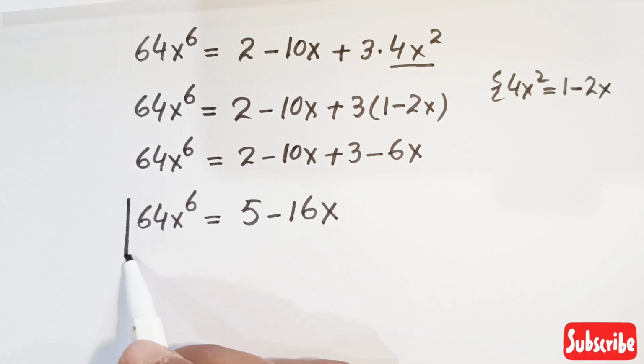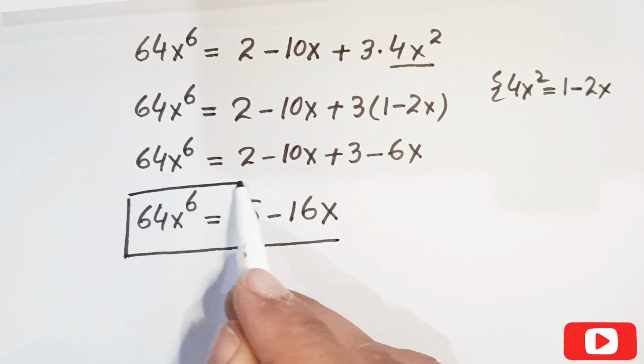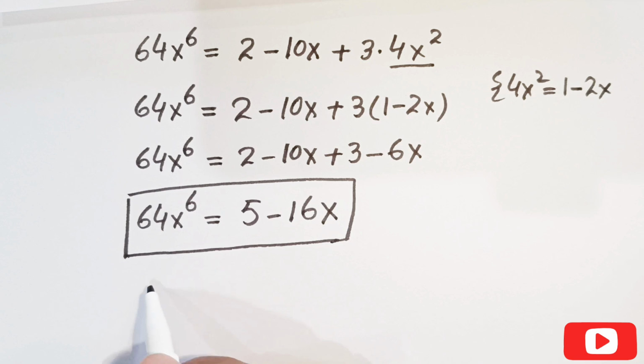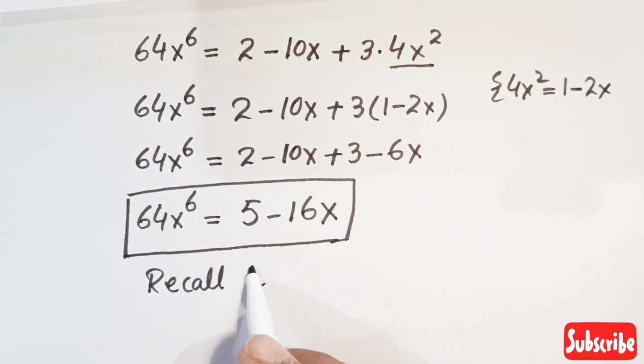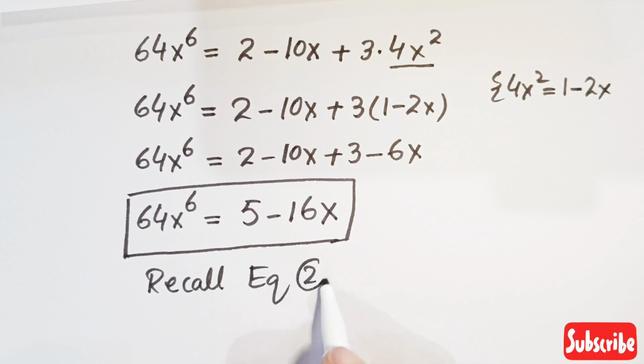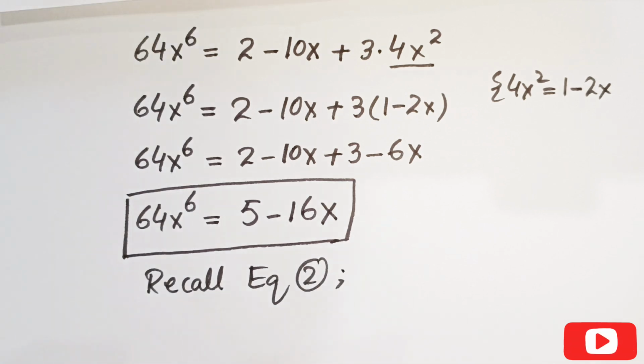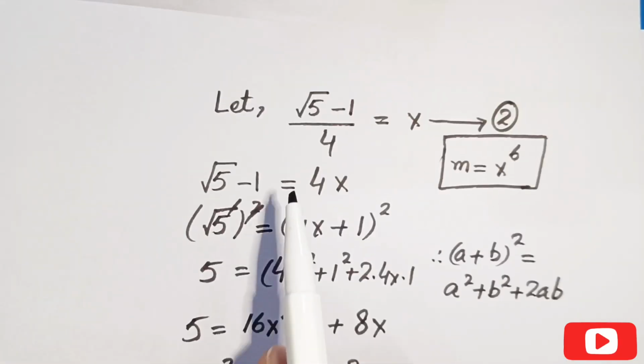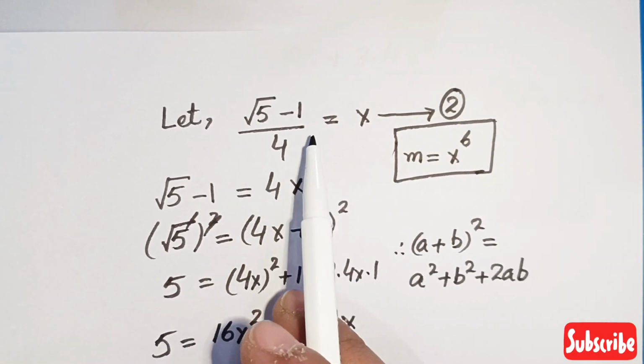Now we are going to just recall that we have this relation, recall our equation 2. So our equation 2 is square root of 5 minus 1 all over 4 is equal to x.